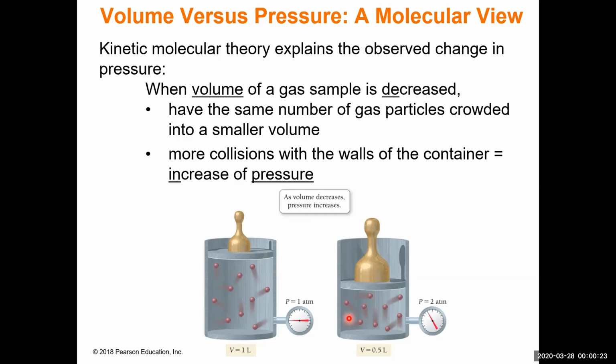What ends up happening now with the same number of gas particles but in a smaller volume is we're going to have more collisions with the wall of the container. And if we're having more collisions with the wall of the container, we end up having an increased amount of pressure.